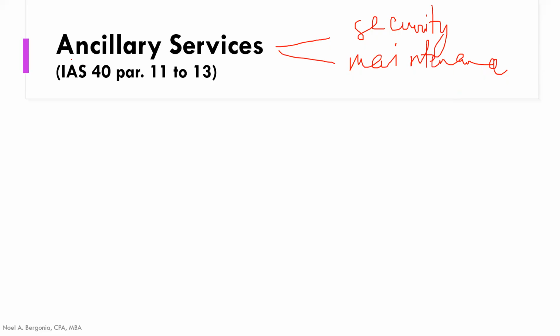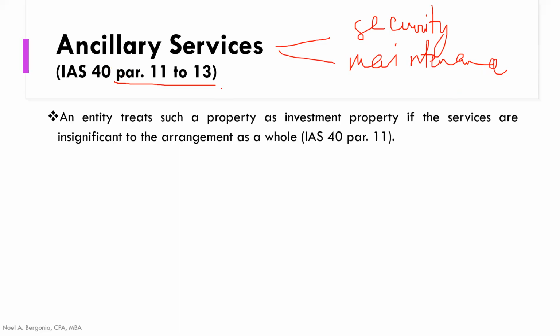Okay, so ano yung magiging treatment natin or how will these ancillary services affect the property to become an investment property? So it could be answered under paragraph number 11 to 13 of IAS number 40. So ang sabi po doon, an entity treats such property as investment property if services are insignificant to the arrangement as a whole.